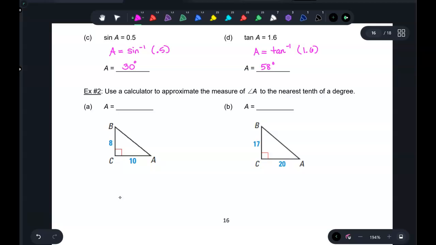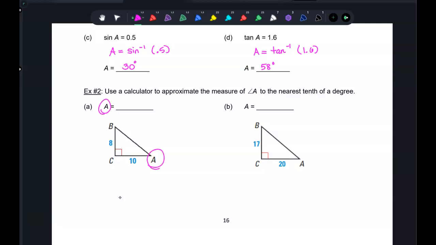Okay, so we are going to use a trig ratio, sine, cosine, or tangent, to find the angle to the nearest 1/10 of a degree. I'm going to have to figure out opposite, adjacent, hypotenuse. Since I'm trying to find A, I'm going to circle A, because I want to look at what two sides I am given with respect to that angle.